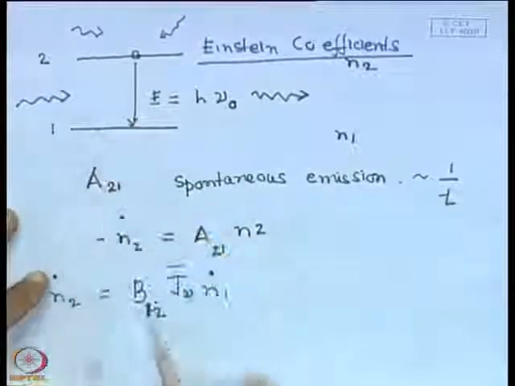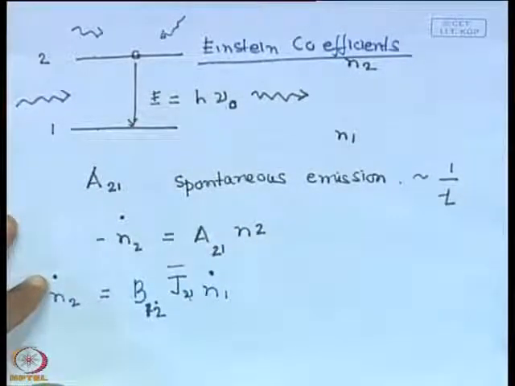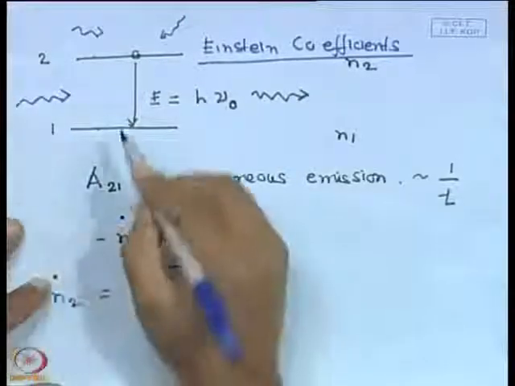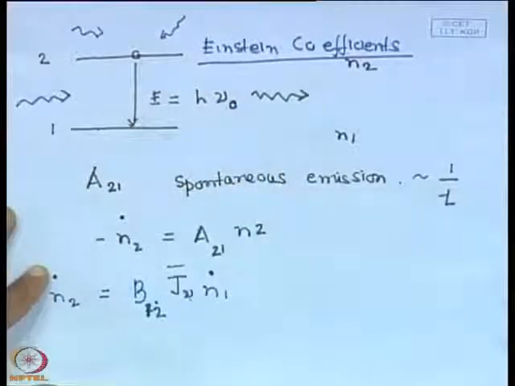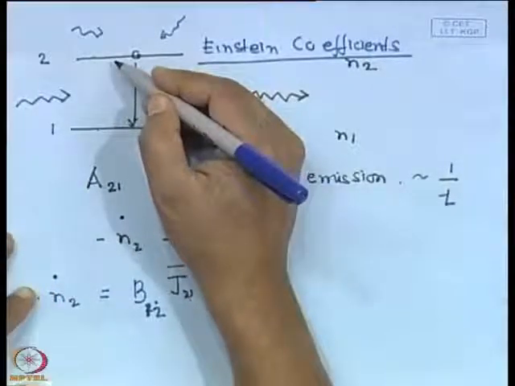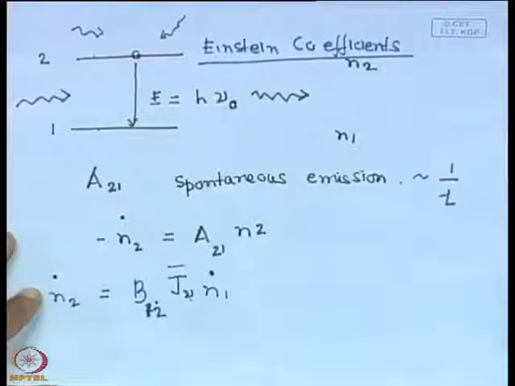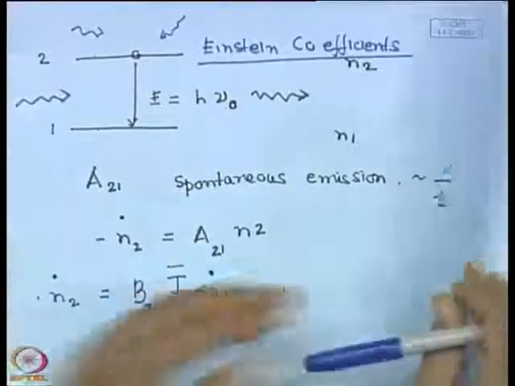In addition to this, we also have to admit the possibility that radiation can also cause the system to de-excite, and this is what is referred to as stimulated emission.